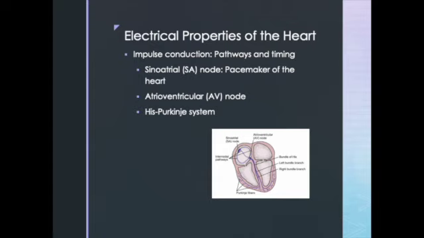So we have to understand where the dysrhythmia is generated from to understand the treatment. You need to go back and review the pathways and the timing of impulse conduction, the cardiac action potentials, and just the basic elements of ECG.